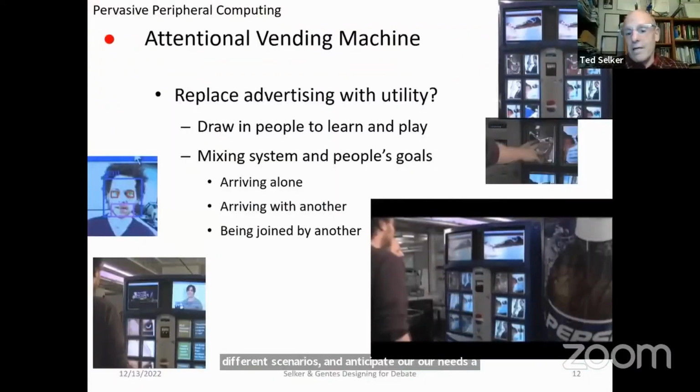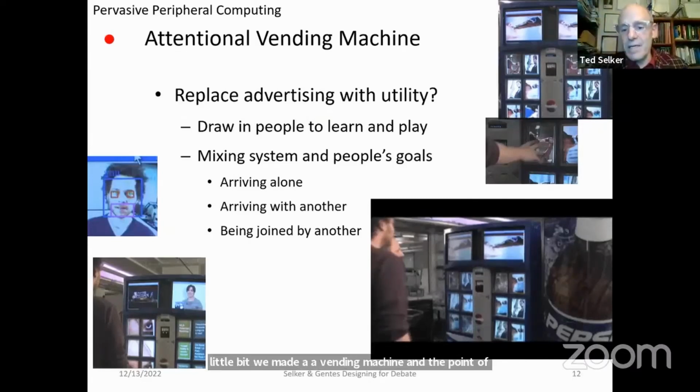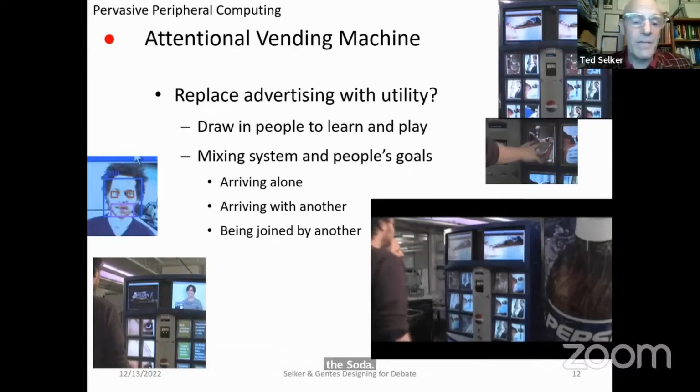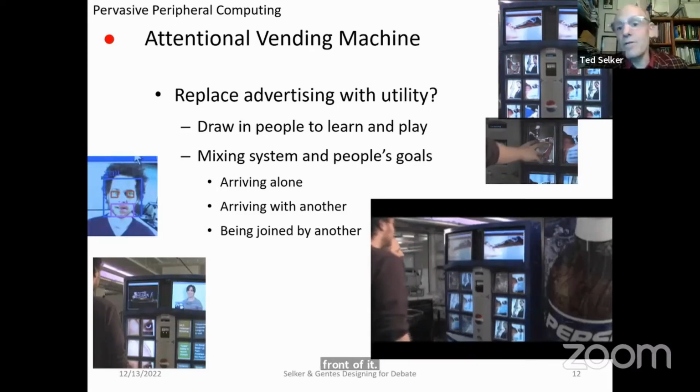We made a vending machine, and the point of the vending machine is, maybe the most important thing about a vending machine is that it's going to sell the soda, but the way we get people interested in it is as you walk up to it, this vending machine makes a game for you to play, and it can tell how many people are in front of it, and so engages you. Maybe when you're far away from it, it actually puts up some of the news or what gates the different airplanes are at.